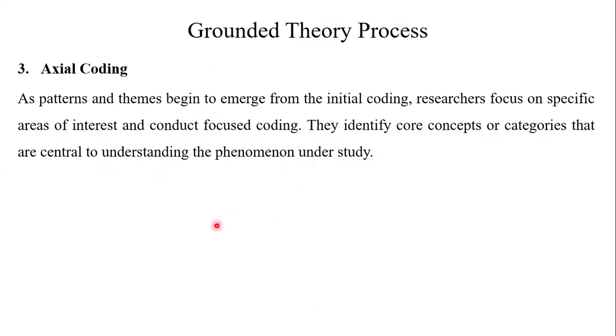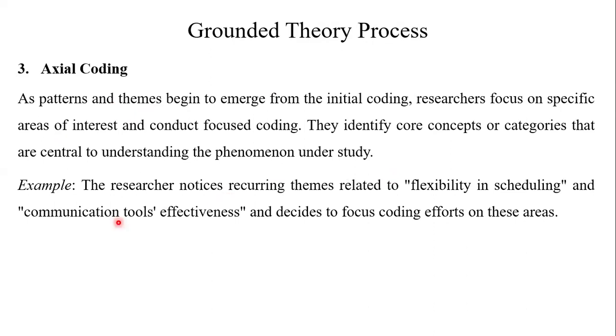So in this stage, you try to categorize your initial codes. An example is the researcher noticing recurring themes related to flexibility in scheduling and communication tool effectiveness, and deciding to focus coding efforts on these areas. So you generate some categories, and you consider some initial codes under these categories. Like you may place some codes under flexible scheduling, some under communication tool effectiveness, and decide to focus coding efforts in these areas.